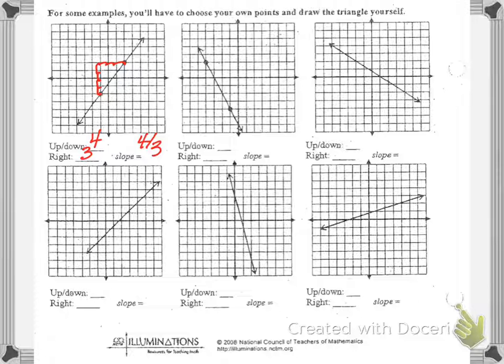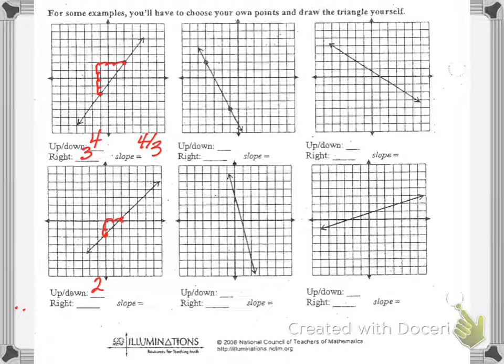The one below it does not have 2 points, so you're going to have to choose 2 points. And I'm going to choose this point here, this point here, and it looks like it crosses here. This one's not drawn perfectly, but if I choose those 2 points, I'll see that I can go up 2 and over 2.